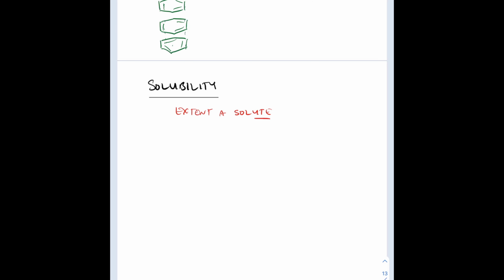Now, one of the super common things that you probably know already is like dissolves like.